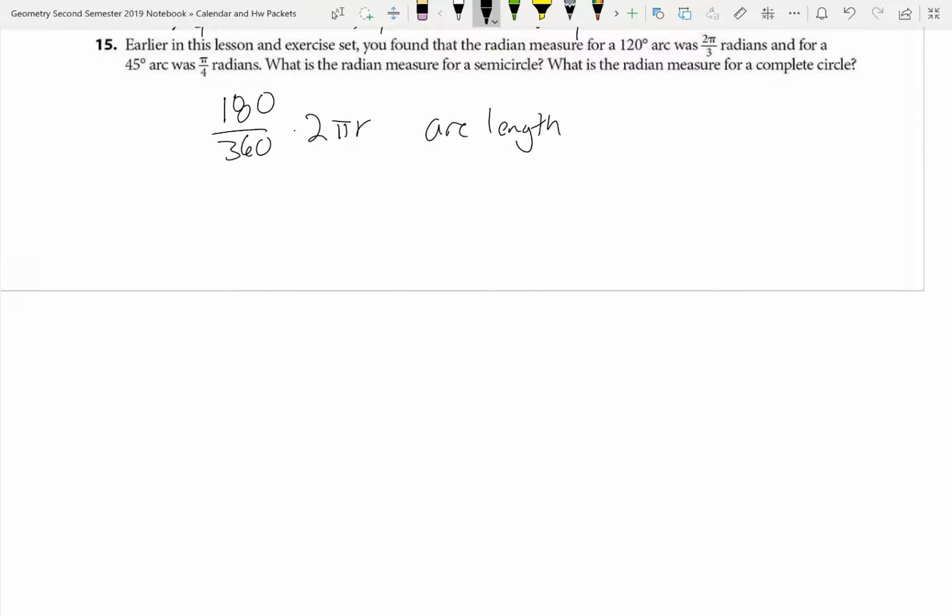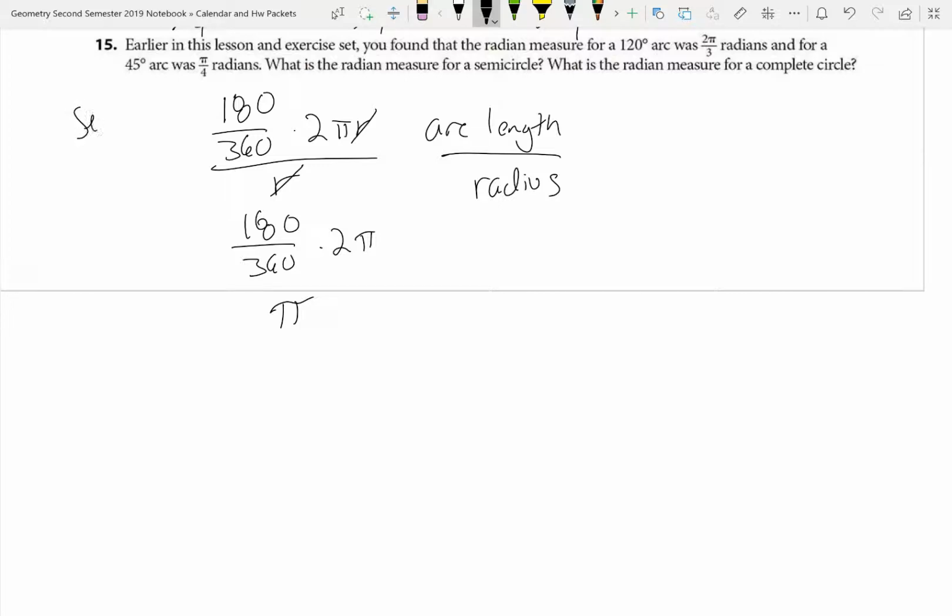Because the radian measure is the arc length divided by the radius, which is r, that's going to be 180 over 360 times 2 pi, since the r's cancel. And that will end up being just pi. So the radian measure for a semicircle is just pi.